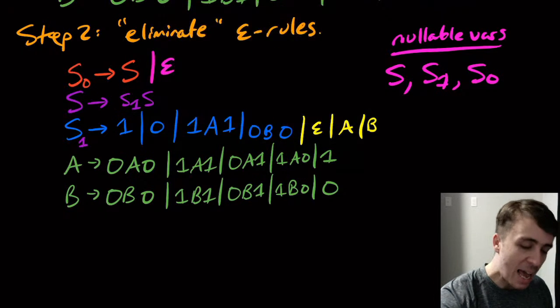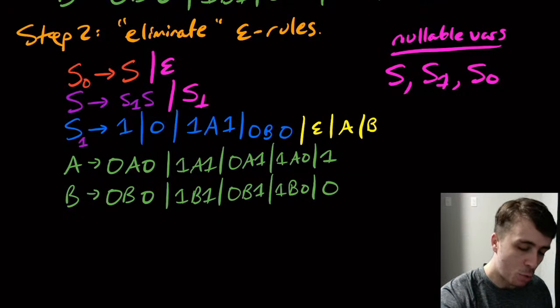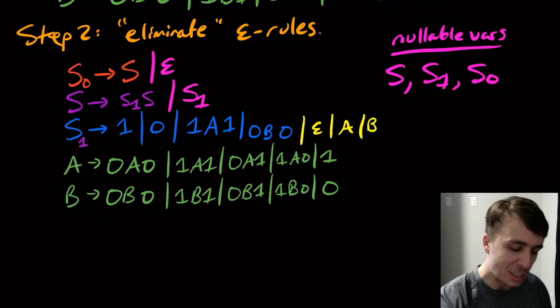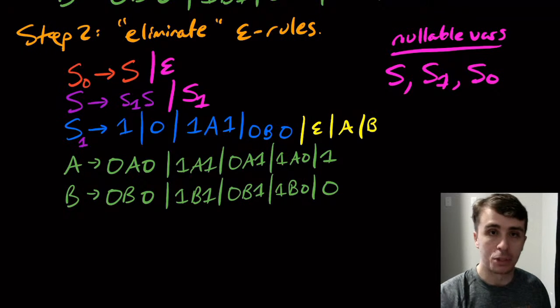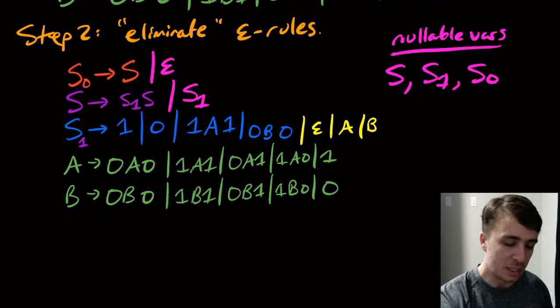So I'm going to add a rule. Actually, I'll stay pink here. I'm going to add the rule S1 only, because this S could theoretically make epsilon. So we're doing it indirectly versus directly. It could be that S1, because it's on this list, makes the empty string, and S makes something.